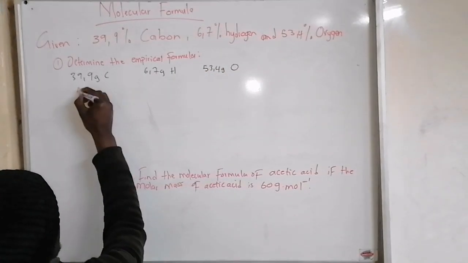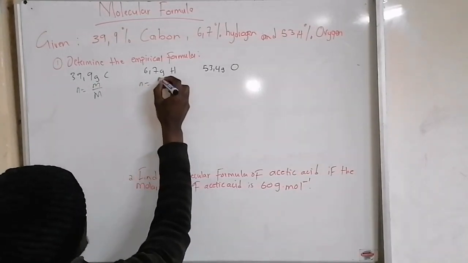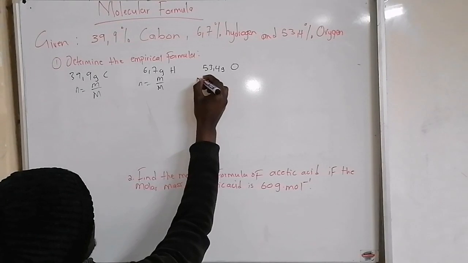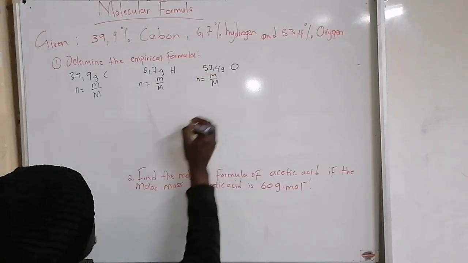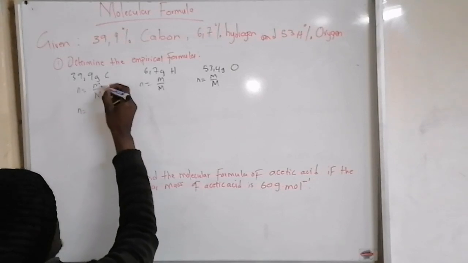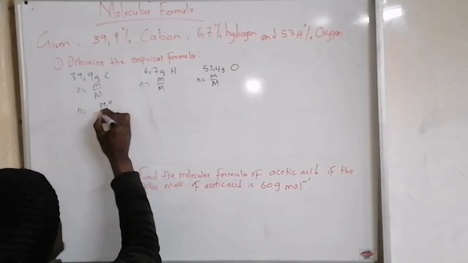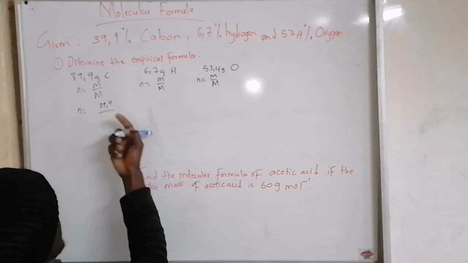Now you find the number of moles for carbon, for hydrogen, and for oxygen. Therefore, for n, in the numerator we put 39.9 over the molar mass for carbon from the periodic table.